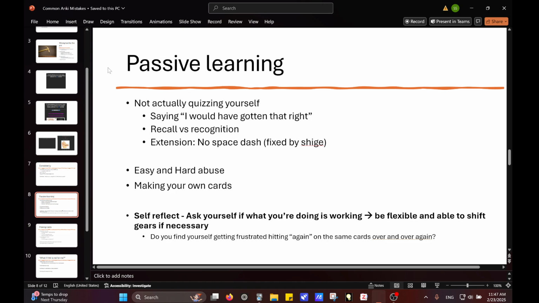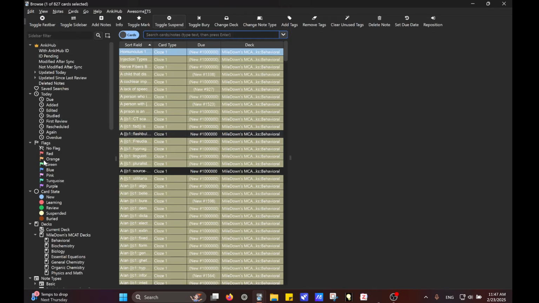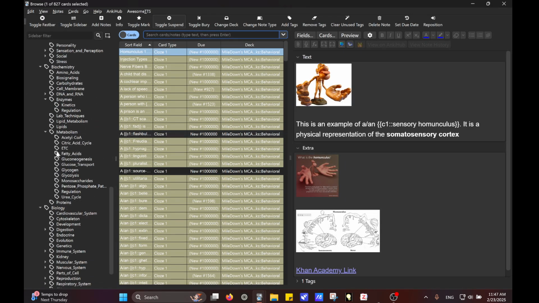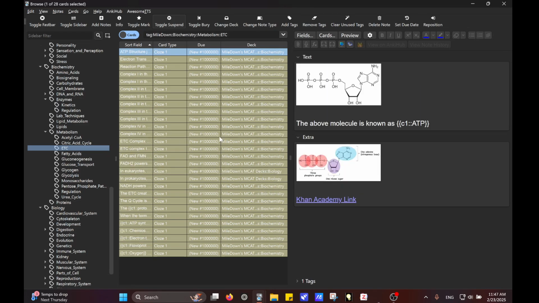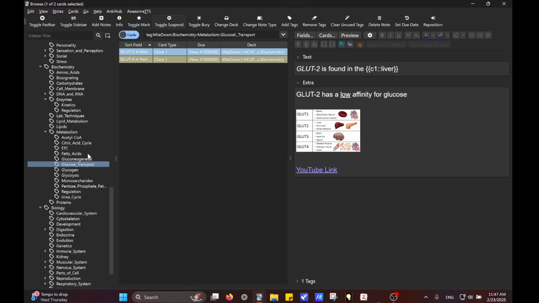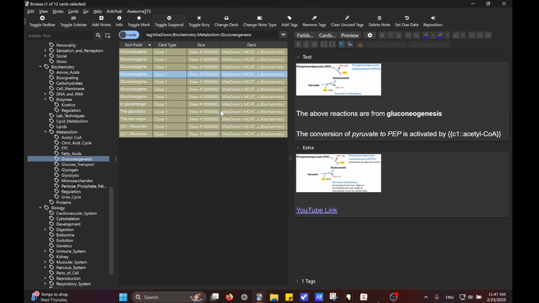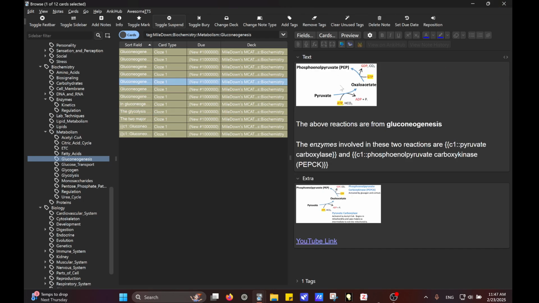So I'm going to give you an example. I had a really hard time with biochem cards in this deck, specifically for pathways. These cards were not sticking at all.